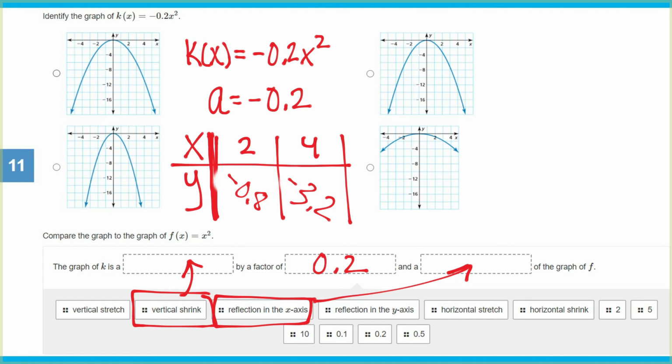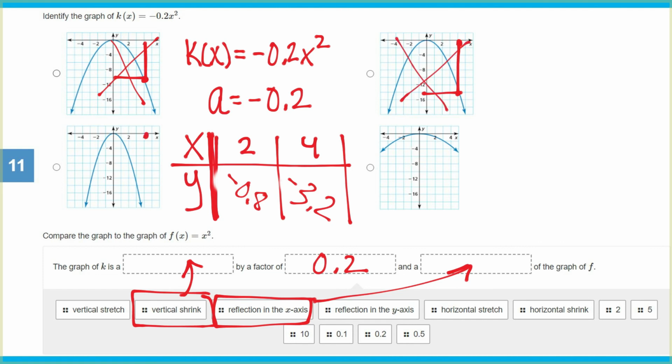So to start out with, I'm going to look at the point where x is 4. Here, x is 4 and y would be 10. That is definitely not the right answer. Here, x is 4 and y would be like negative 14. That's definitely not the answer.